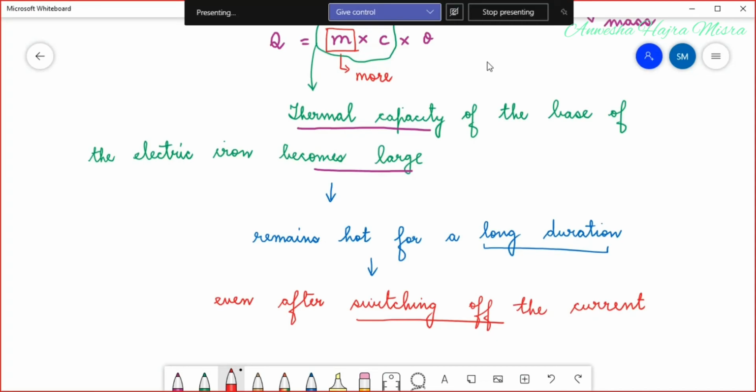Thermal capacity is M into C. So if mass is more, thermal capacity is more, so the heat retained by it is more. So it remains hot for a long duration of time. Even when you switch off the current, you can use the electric iron for a long period of time.